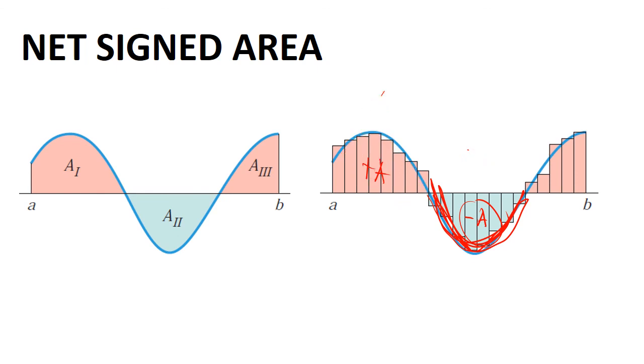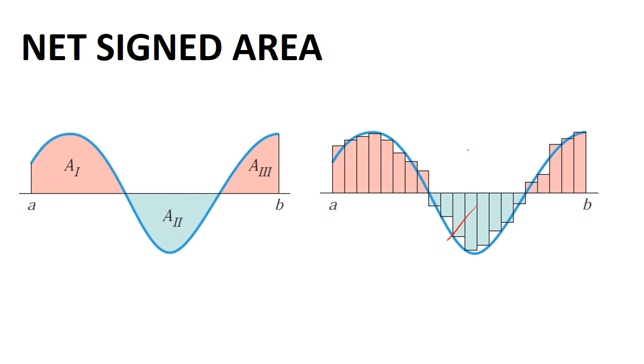At kapag nagkaroon tayo ng function na ganito ang graph and kinuha na natin ang area between two intervals na kung saan yung area is nagkaroon ng crossing sa x-axis, ibig sabihin nagkaroon siya ng positive y and negative y functions or values.